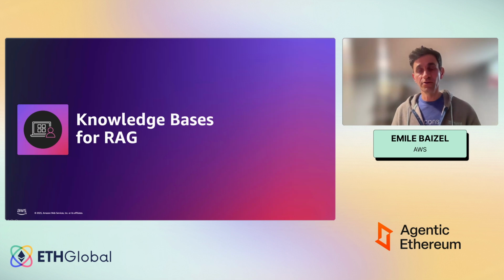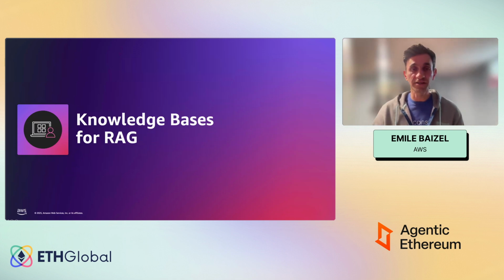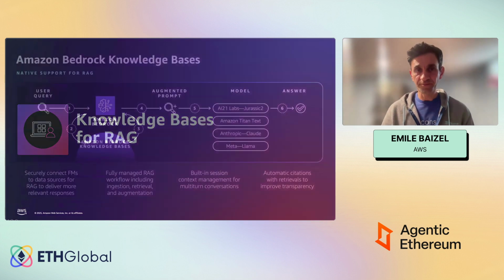And that's where retrieval-augmented generation really helps, because you can supply data to the agent during inference to provide context around something that the agent may not know about, either because it happened after or it's private data, so it was never available for it to be indexed. And that's where Bedrock knowledge bases come in.